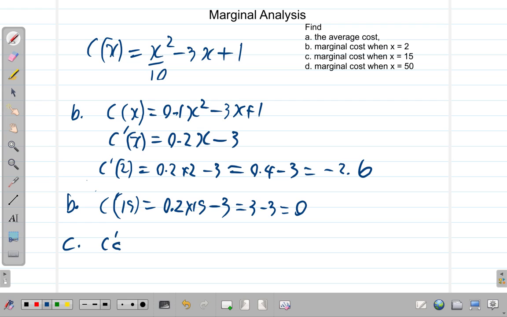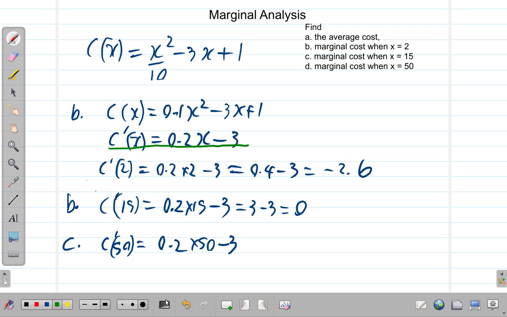What about C prime of 50? It would be equal to 0.2 by 50 minus 3. Remember, this is our C of x. Let's just underline it in a different color.